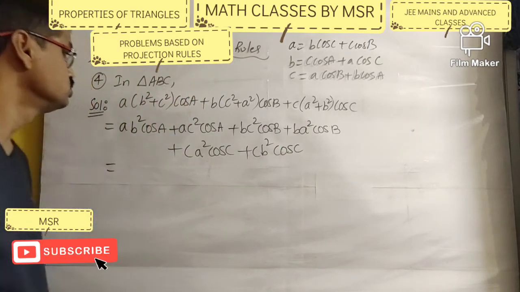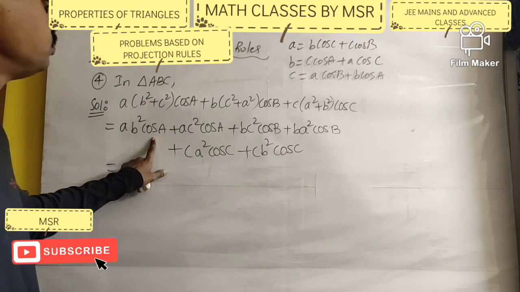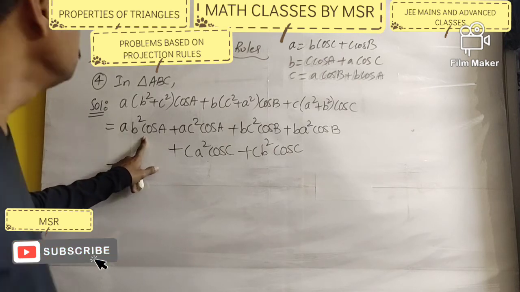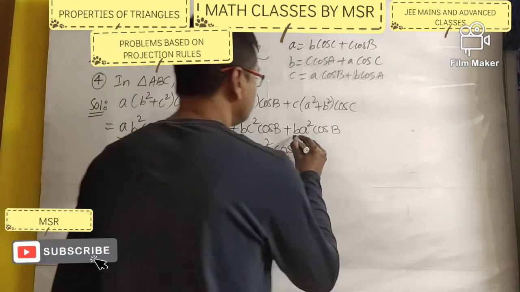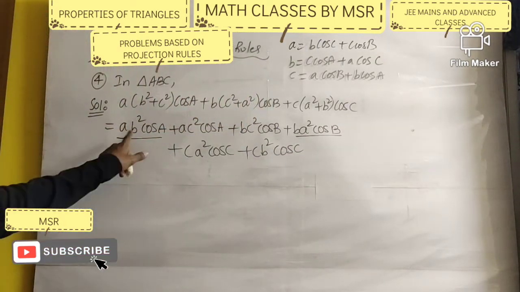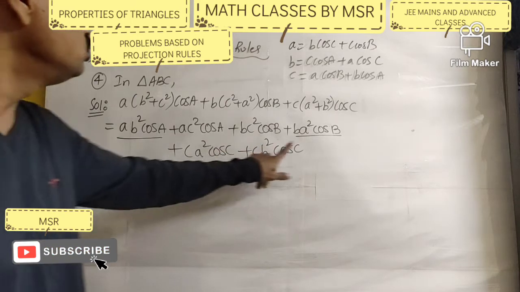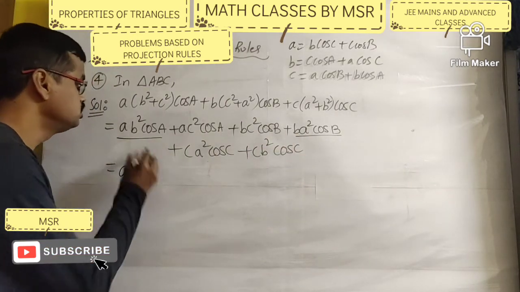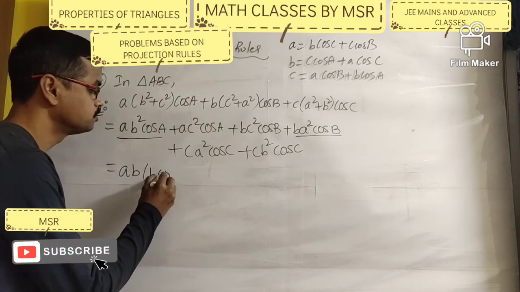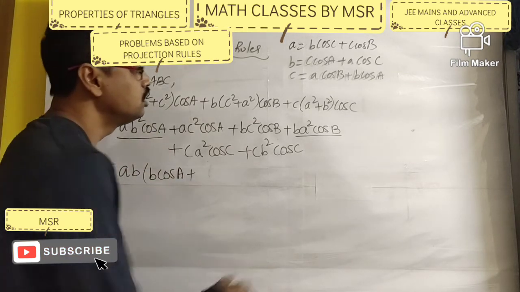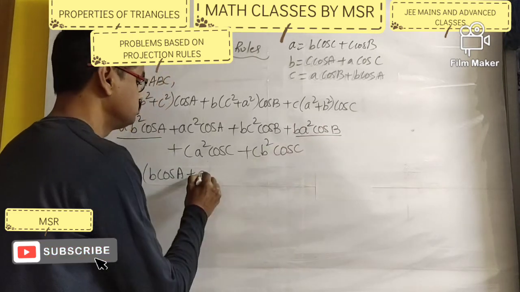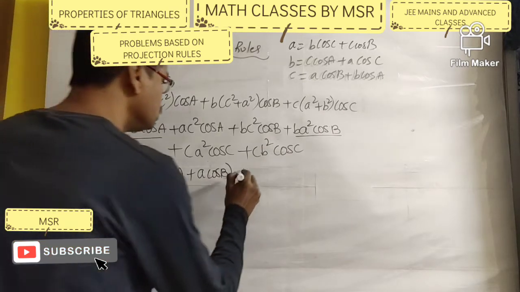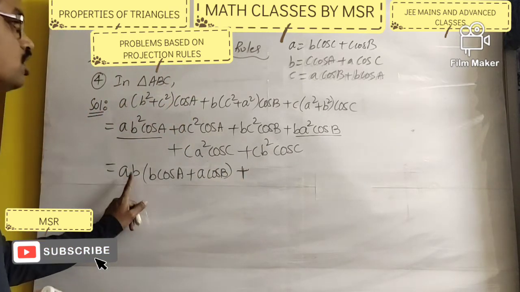Now we observe a b square cos A and b a square cos B. In these two terms I can take ab common, or not? From these two terms I will take ab common. If you take ab common, here b cos A, and here what is left is a cos B. So you might have understood why I have taken ab common.